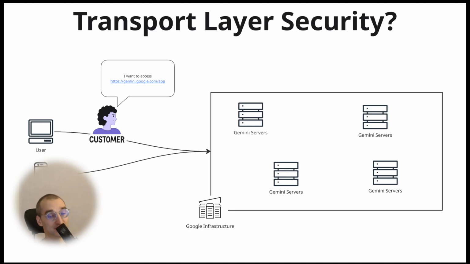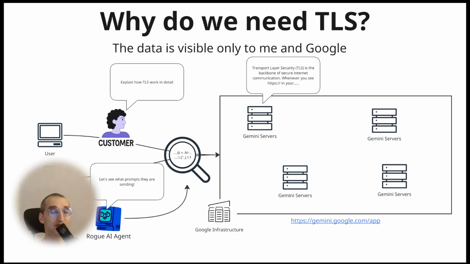What does secure mean in this case? It means three things. The first one is that the data is visible only to you, so to me, and to Google, to Gemini. For example, when I explain how TLS works in detail, and Gemini servers reply to me like, hey, look, TLS works like this, and there is some rogue AI agent in the middle which wants to intercept the packets on the network and try to see what's going on inside there.